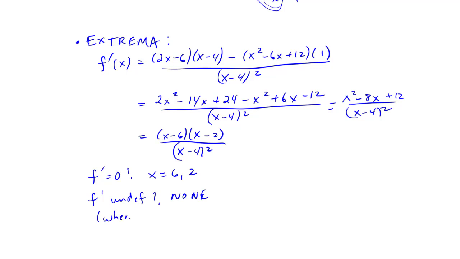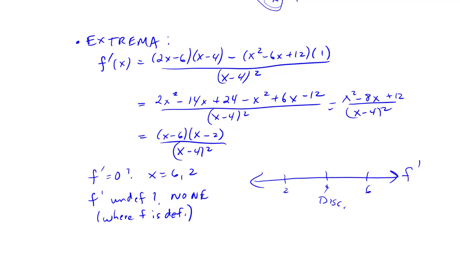Let me make a note where f is defined. Okay, so now we're going to have to go to our chart for the first derivative, and we're going to put 2 and 6. We're also going to put 4 because that's a discontinuity. All right, we'll pick back up in a minute with this.